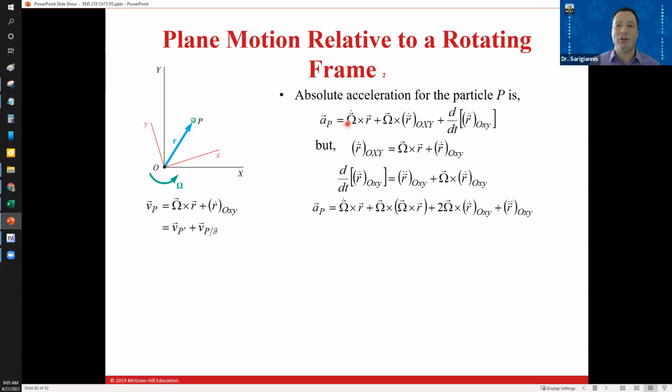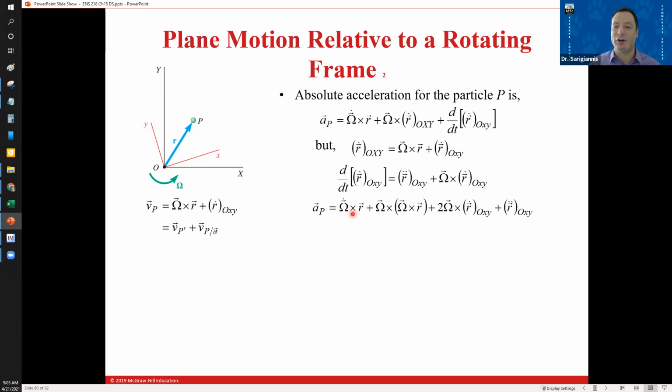So basically substituting back in omega cross R, you take the derivative of the whole thing to get the acceleration of point P. Some of these terms, depending on your situation, will cancel out. For constant angular rotation of your rotating frame of reference, the omega dot term is going to go away.